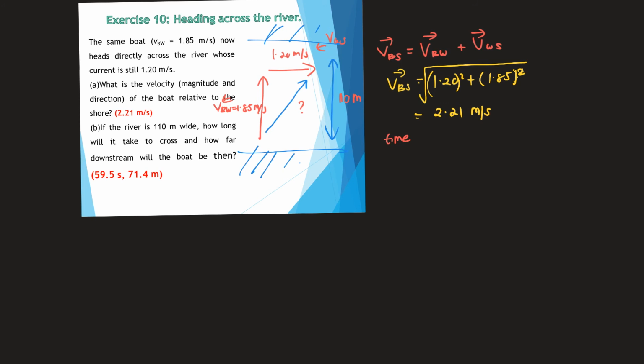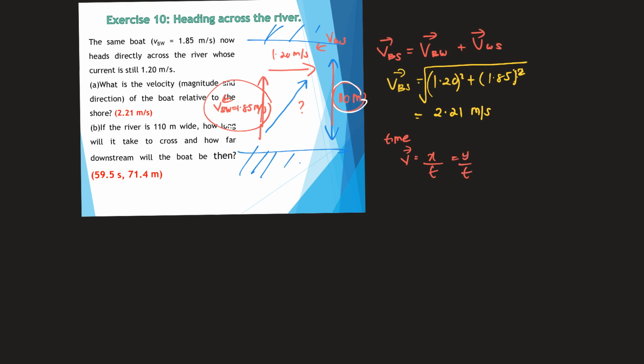But the information given is 110 meter wide. Please take note, information in y is only for y, information in x is only for x, and that's the reason why you are going to use 110 with the velocity of 1.85, because both are in the y component. So we are going to use the basic formula, which is velocity equals x over t, or you can use y over t.